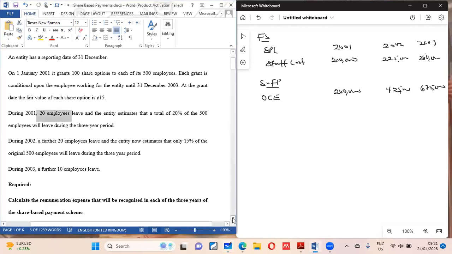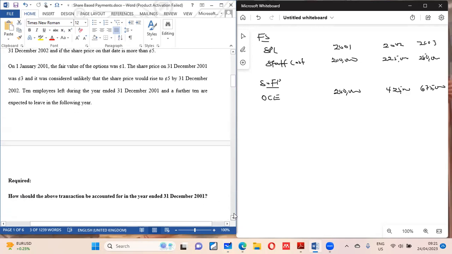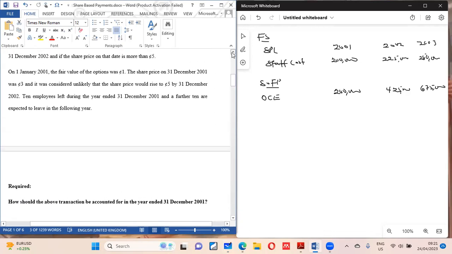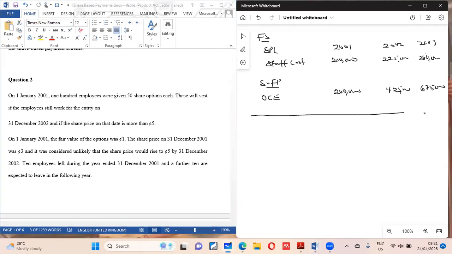There is another question. All I want is the number of employees. I just want to see if you can really do it. We are just looking at the side of the number of employees. So this one says that on January 1, 100 employees were given 50 options each.